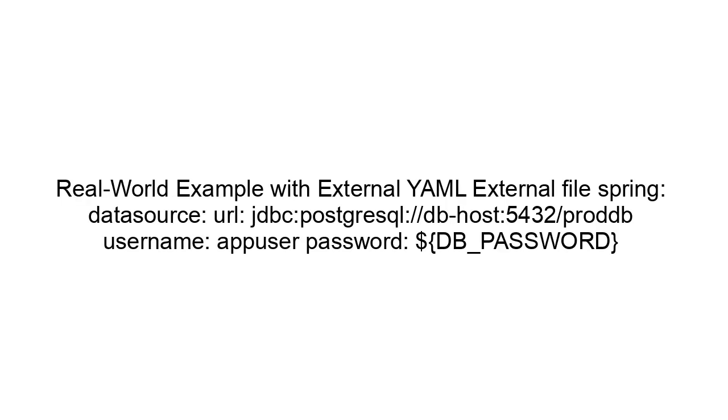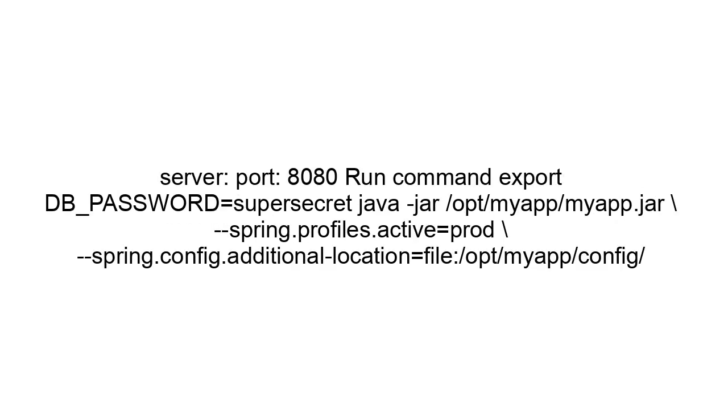Real-world example with external YAML. External file: spring.datasource.url jdbc:postgresql://db-host:5432/proddb, username app_user, password ${DB_PASSWORD}, server.port 8080.